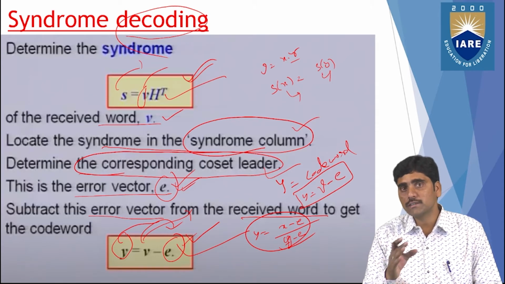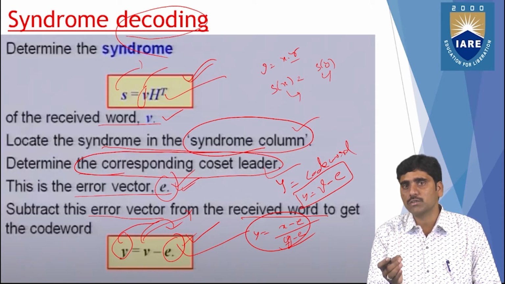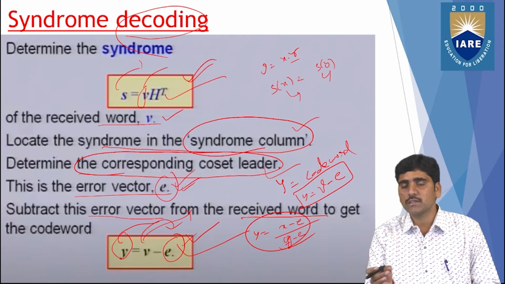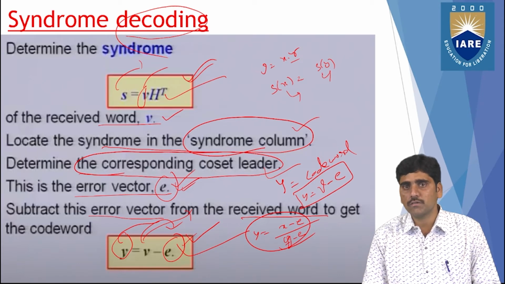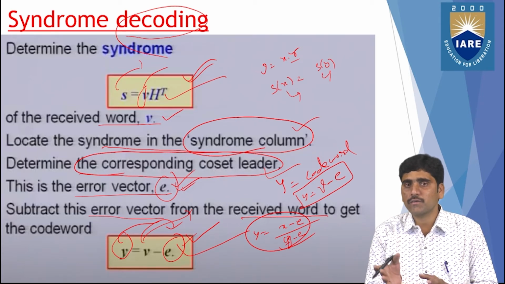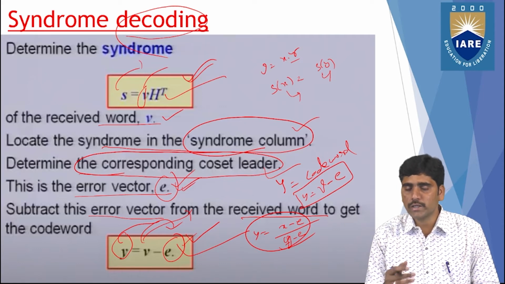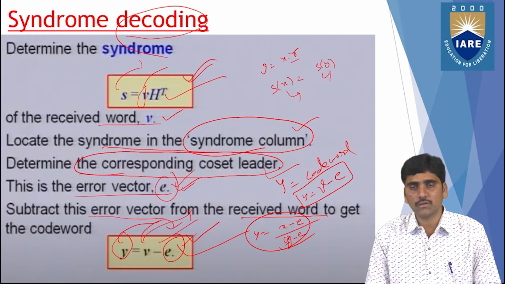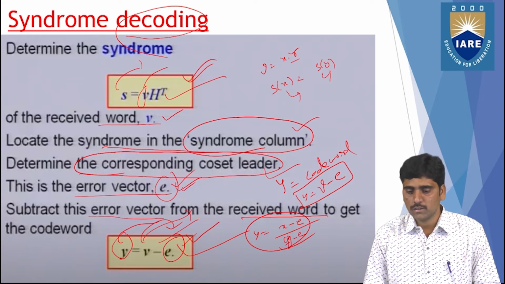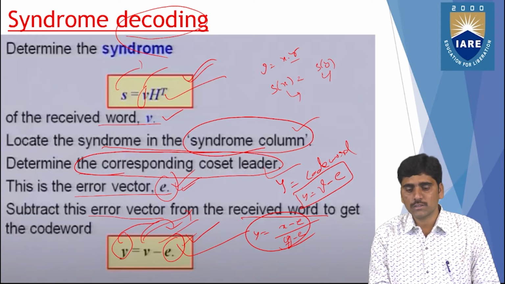To decode that syndrome, we have to choose the syndrome column, we have to choose that coset leader, and we have to choose that error vector. After choosing all these, we have to subtract the error vector from the received word to get your code word. So that is the formation Y equals V minus E. Among these two slides, we have to identify two things.